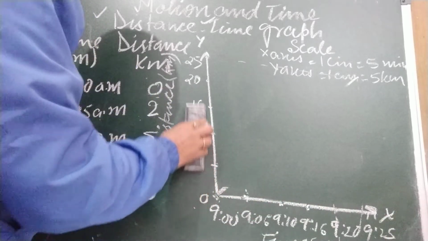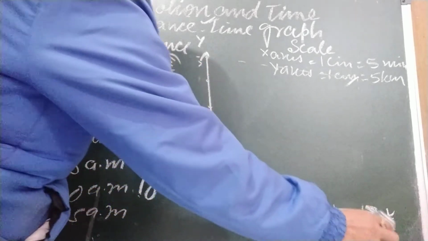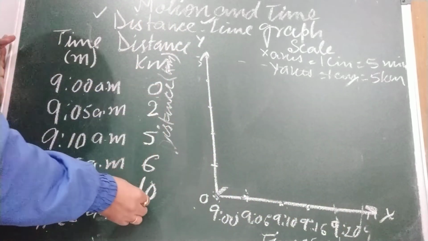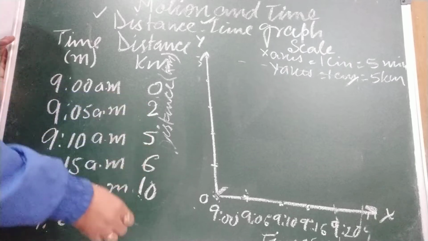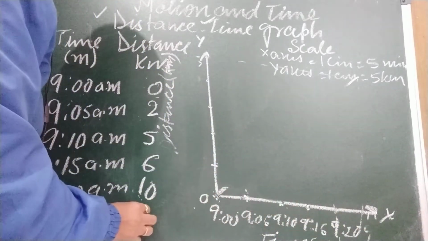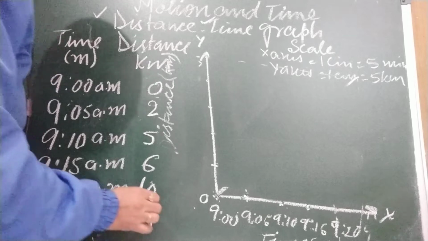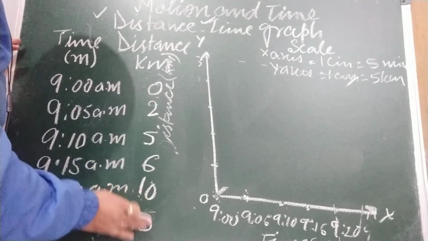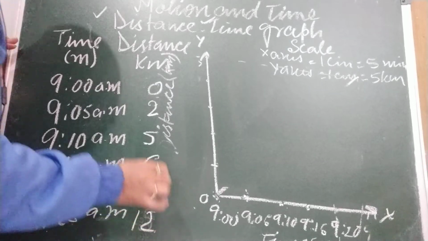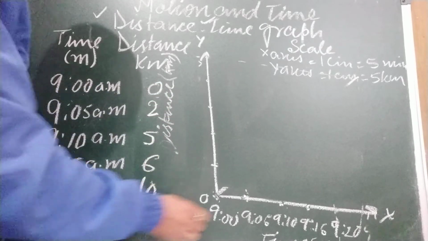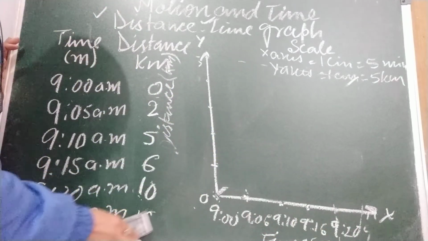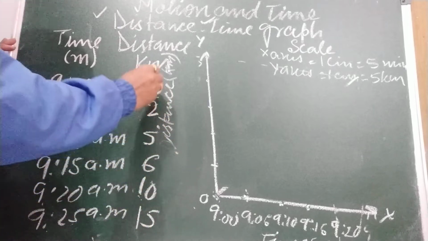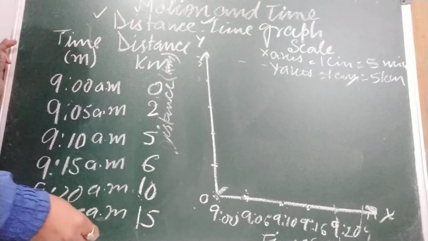Okay, so these are the distance. Now the time is same here, but in distance the lowest is 0 and the highest is 10. So we are going to divide it accordingly. Suppose 12, or we say 15. Now lowest is 0 and uppermost is 15.